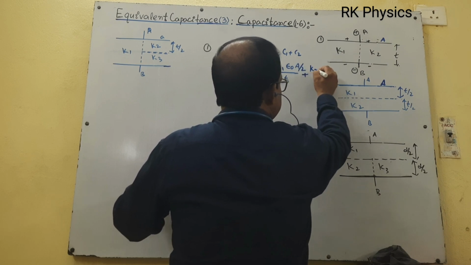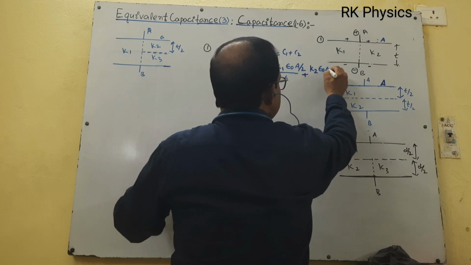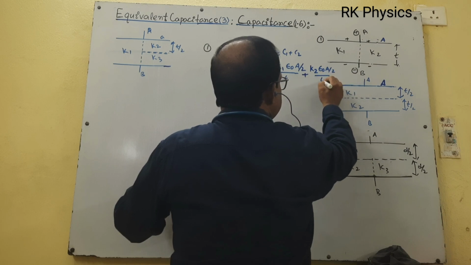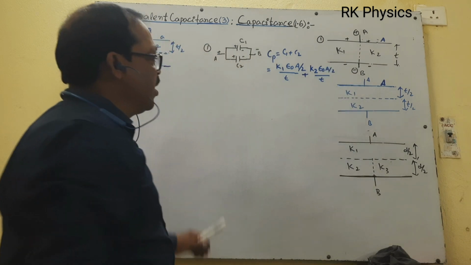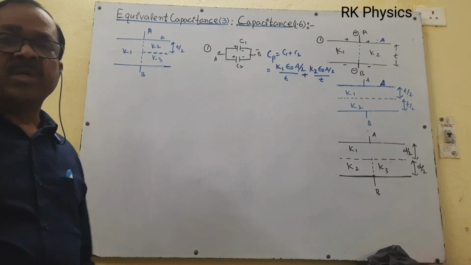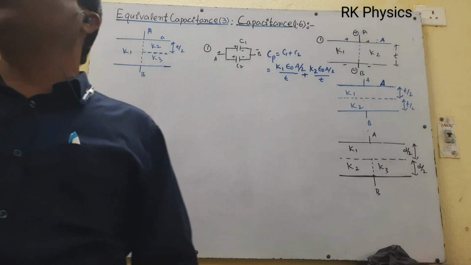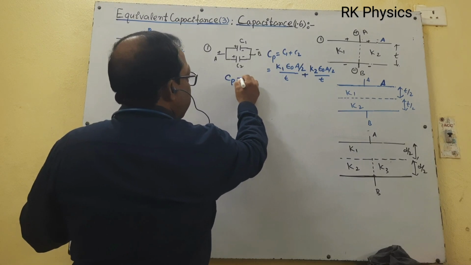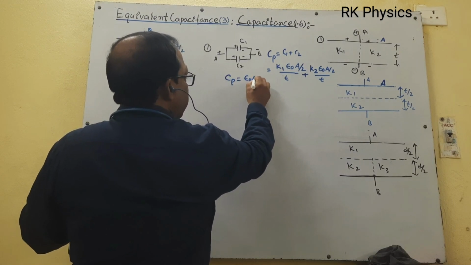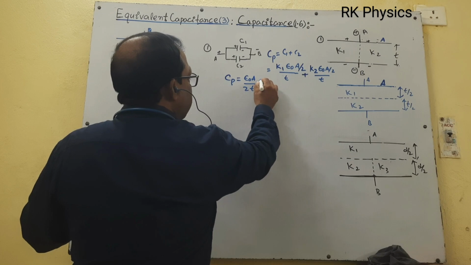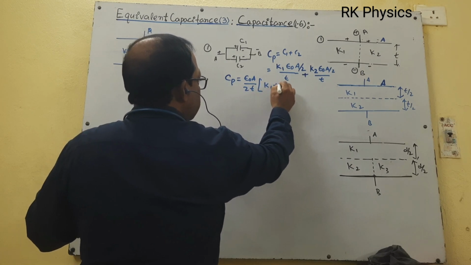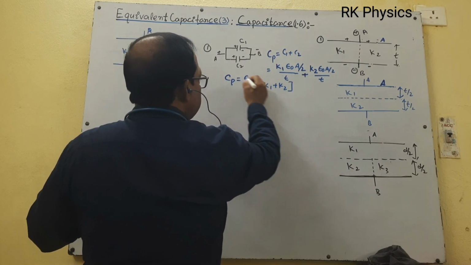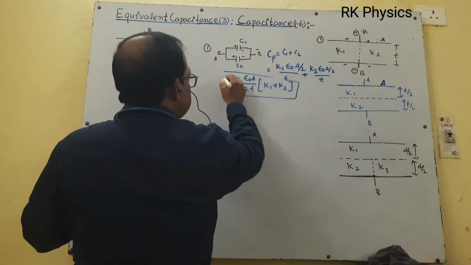C2 is similarly K2 epsilon 0 A by 2 divided by t. So here the area is half, and K1 and K2 are the dielectrics. Then Cp, you can find by taking out the common term epsilon 0 A divided by 2t, times K1 plus K2. So this is your value.